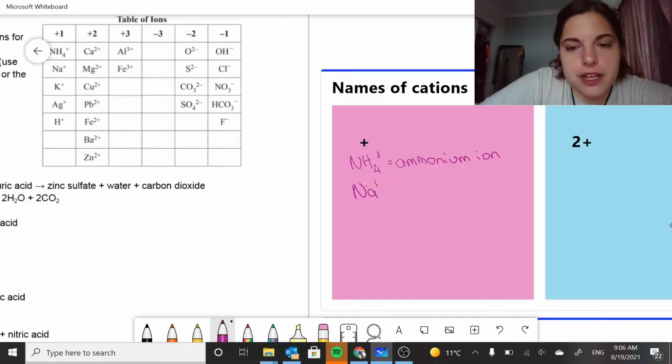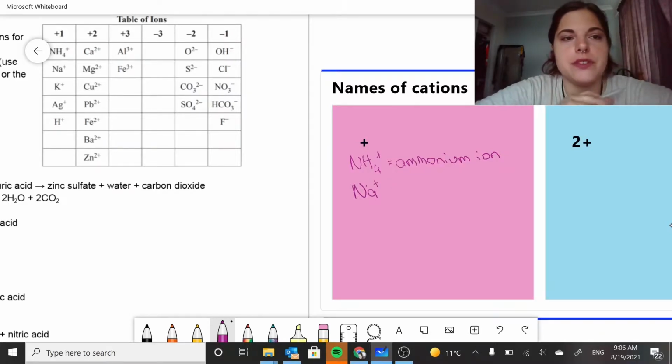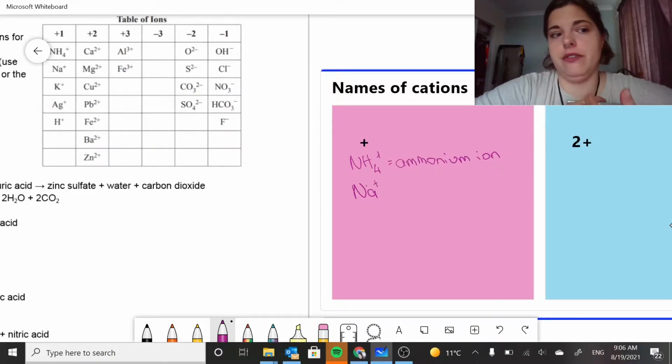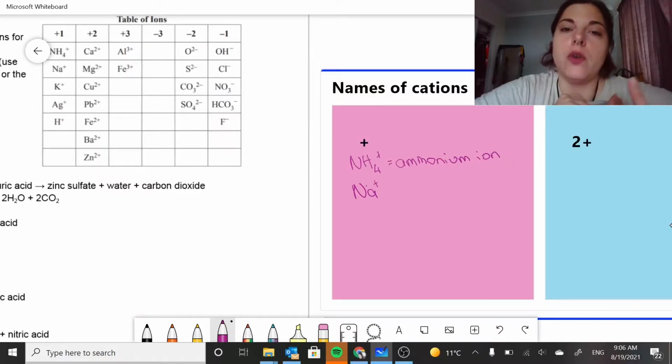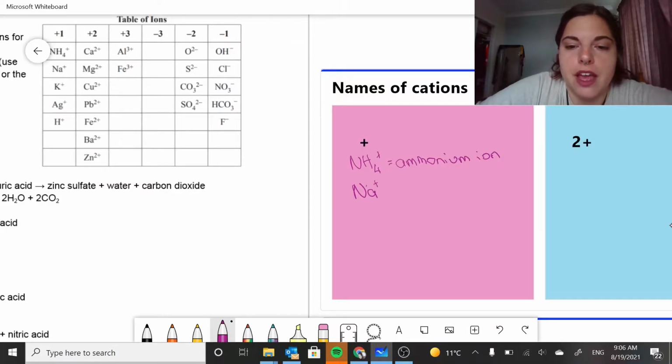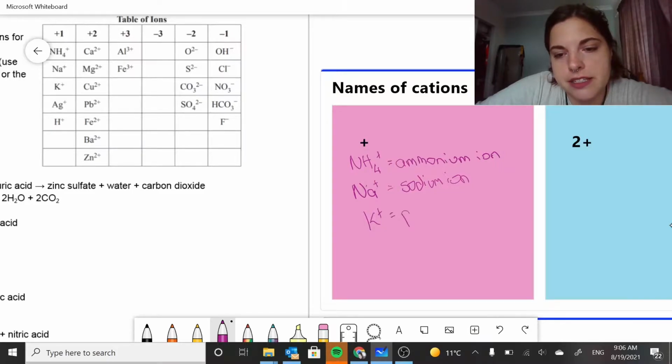So these are all +1 cations because the table is organized a little bit like the periodic table. It's organized by what type of ion they form, except it also includes polyatomic ions, which is why we've got ammonium. Now, this is our sodium ion. K is for potassium, so that's the potassium ion.